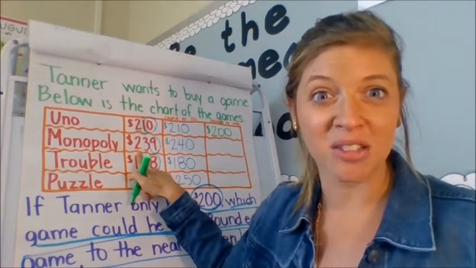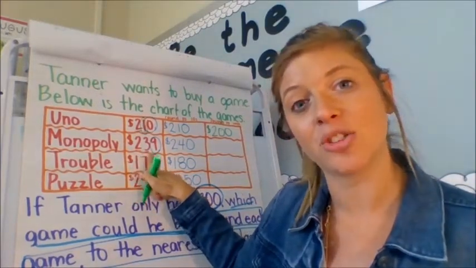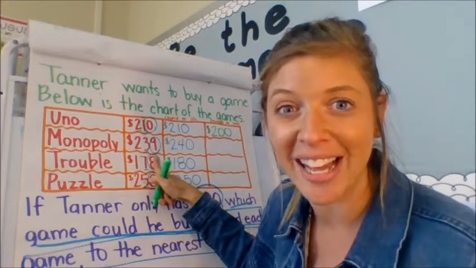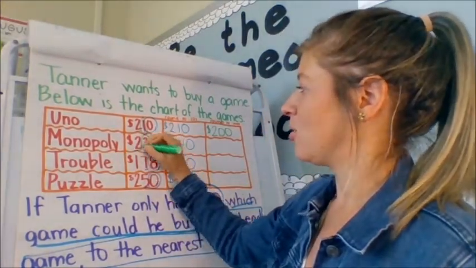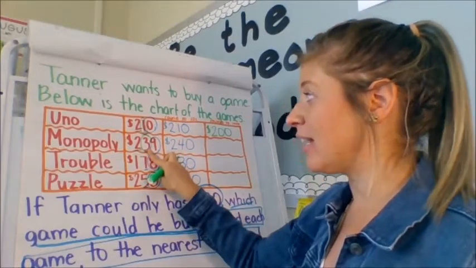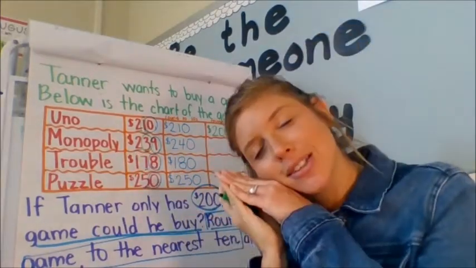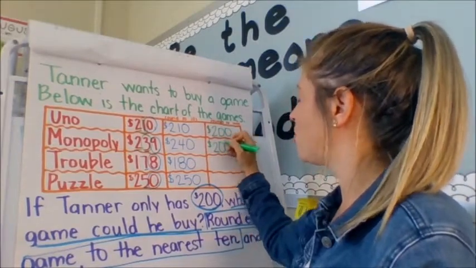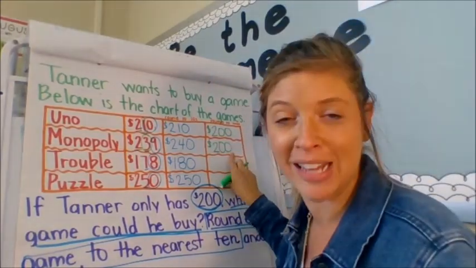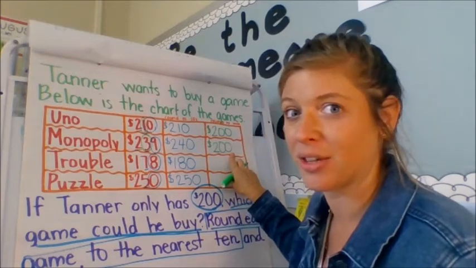Why don't you press pause on the video, see if you can round 239 to the nearest 100. We're going to look at the 3. The 3 is going to tell the 2 to rest. Oh my goodness, we have another 200 so far. They are priced the same if we round to the nearest 100.